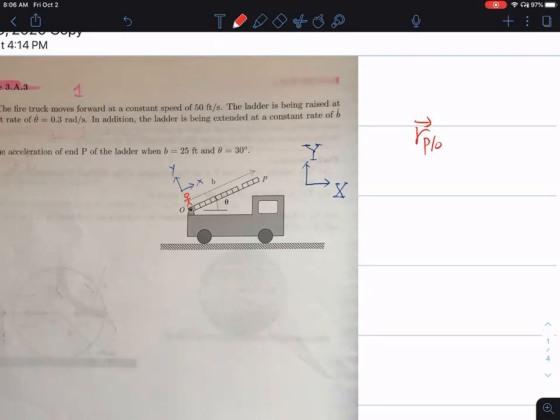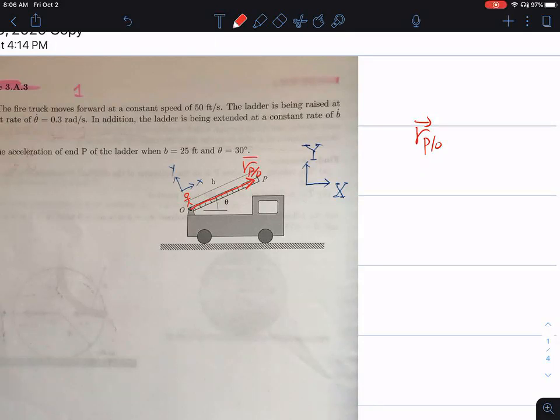If I write the vector like this, P/O, that means point O should be the tail and point P should be the head of that vector. So if you draw that vector, it should look like this, right? That's R_P/O.